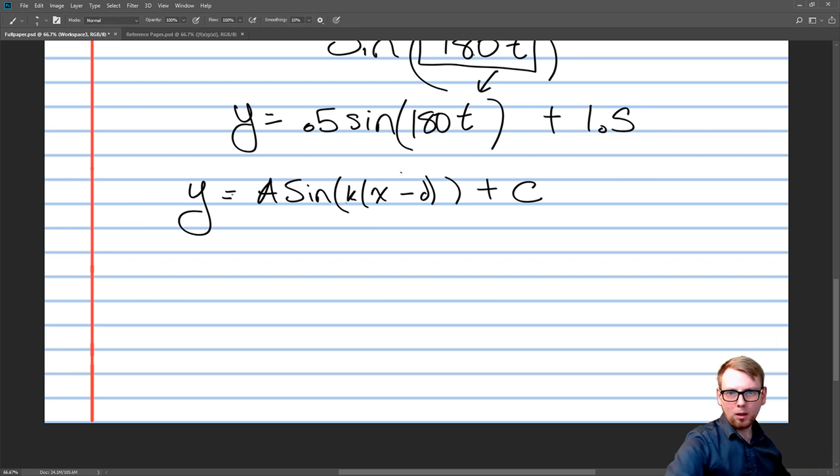Okay, and then for the period, the textbook doesn't tell you. I remember reading this, it just says do this instead of telling you. It's 360 divided by k.